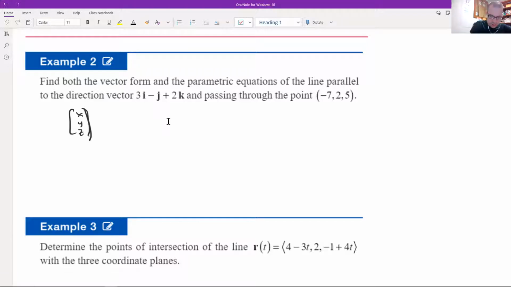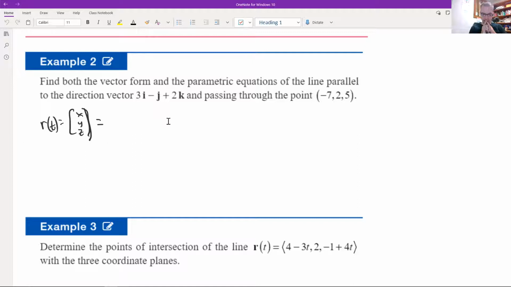Oftentimes in our book, you might even see this thing that I've been drawing as just the general vector xyz. You'll also see it written as r of t because we are making a parametric equation. It's a vector equation, but still, there's only one parameter.